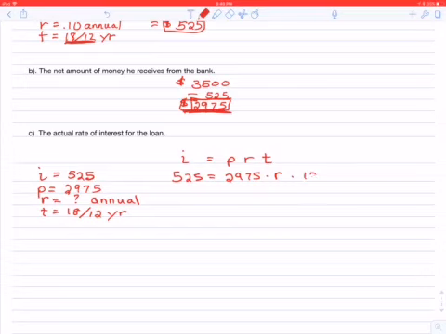Times the time, 18/12ths of a year. So I have 525 equals 4462.5 R. So solving for R, I'll divide both sides by that 4462.5.